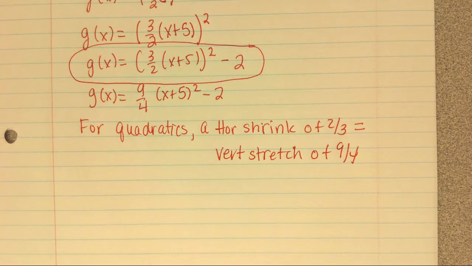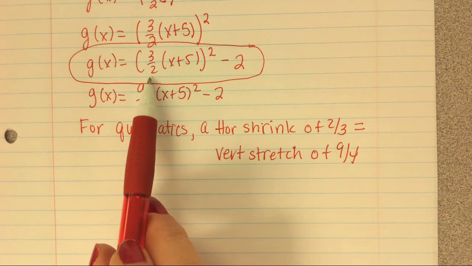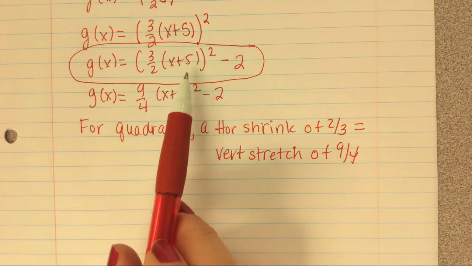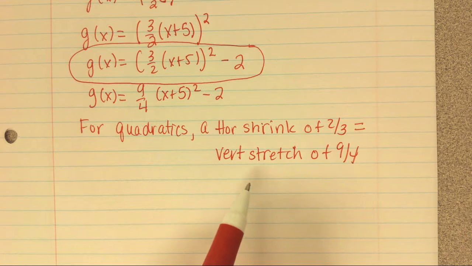Now that's only going to be true for quadratics. It's not going to be true for absolute values, because in that case, the x wouldn't be getting squared. That horizontal movement, or what we would say shrink in this case, is not going to be getting squared for an absolute value. But for quadratics, that's actually a true thing there.